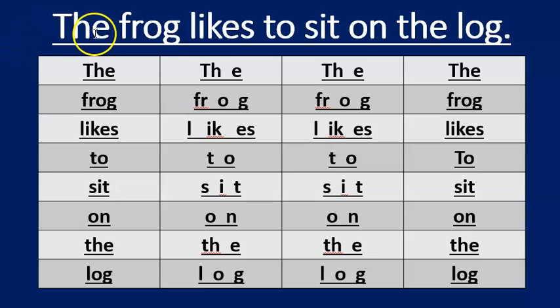The sentence is right here again, okay? But we're going to break it apart first. Let's read it one time. Read it with me. The frog likes to sit on the log. Now let's come here to this first word, okay? This word here should look very familiar to you now.